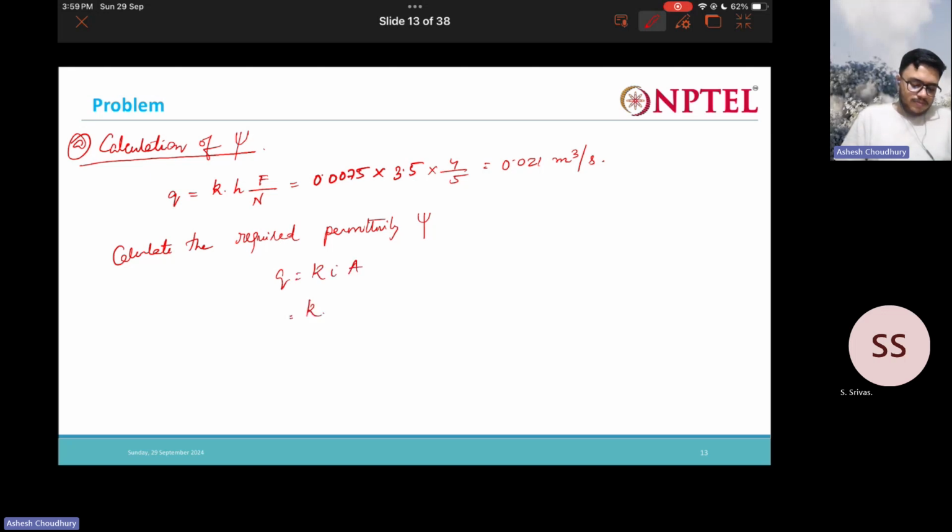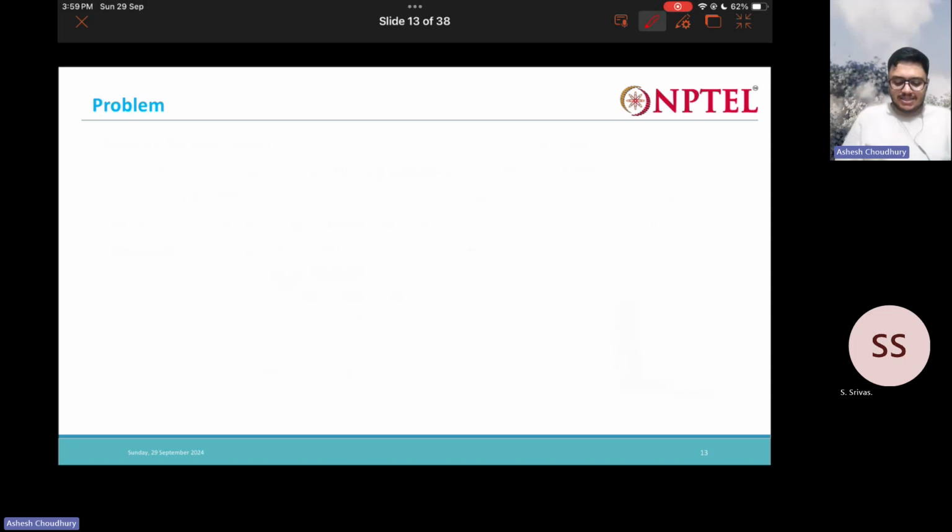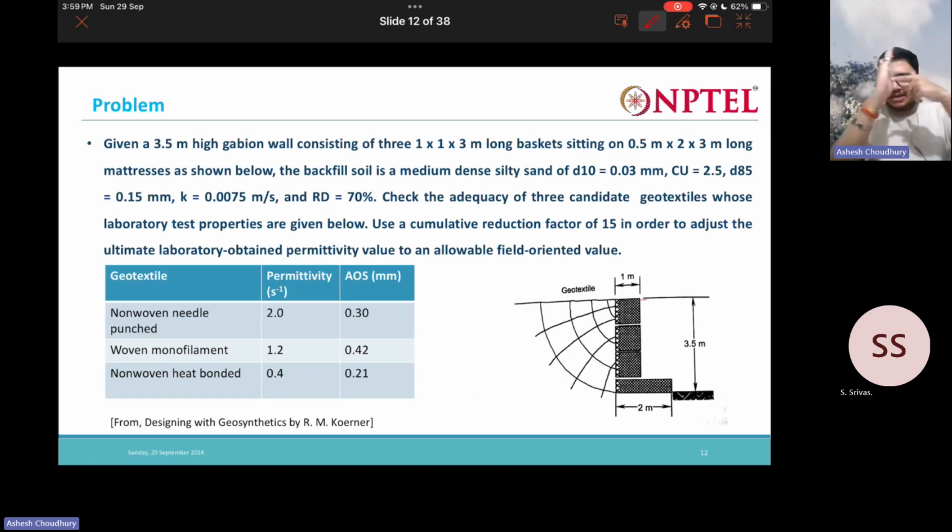K, what is i? i is delta h by the thickness through which flow is occurring. So psi is nothing but k by t, which is nothing but Q by A. What is Q? Already found out. It is delta height 3.5 meters. And what is the area about which the flow is happening? The wall is like this, right? Straight wall. Flow occurs across this area.